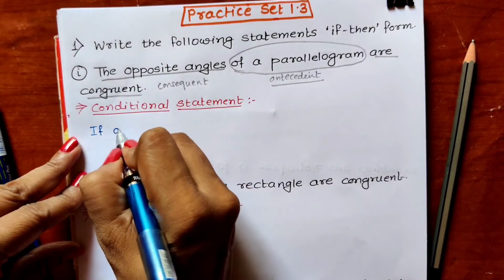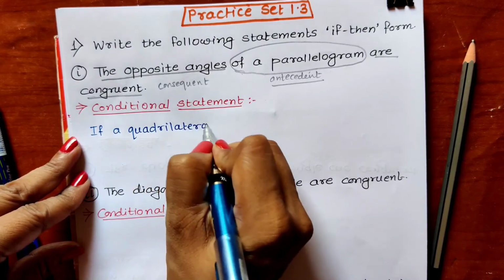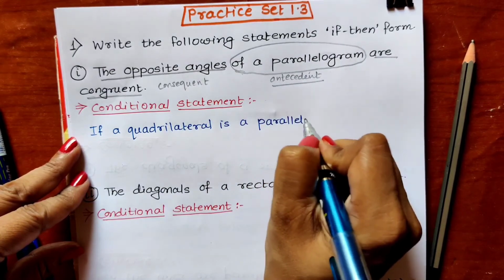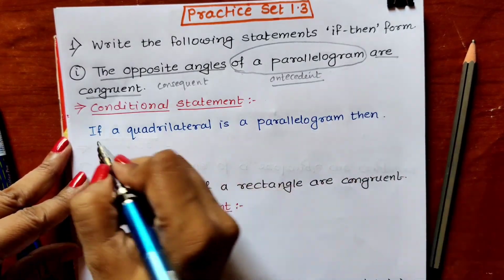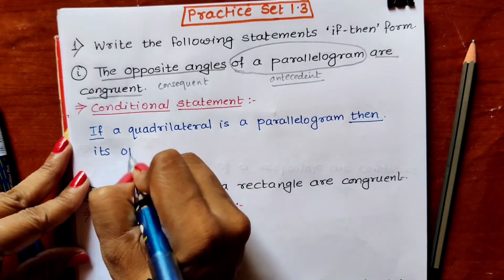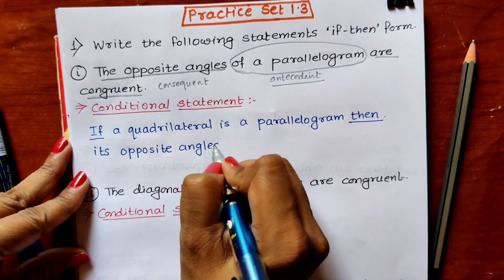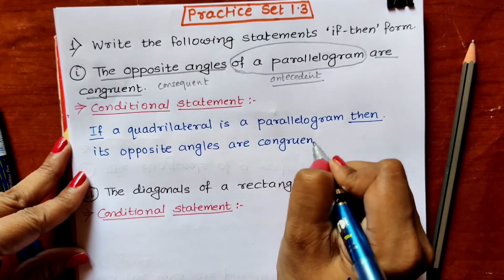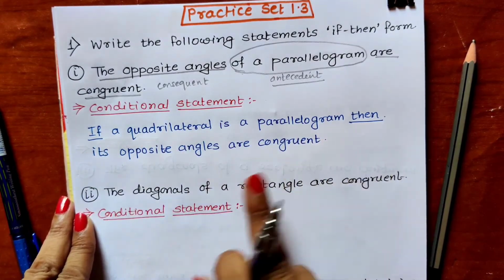If a quadrilateral is a parallelogram, then what will happen? Then what is its result? Then its opposite angles are congruent. So in this way, we can write a conditional statement in two parts, antecedent and consequent.